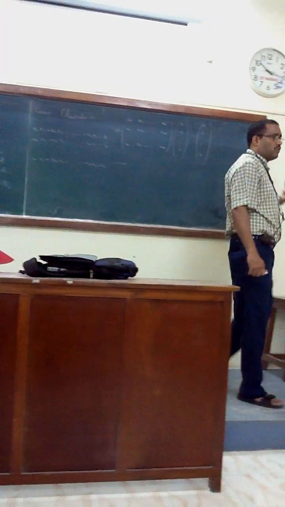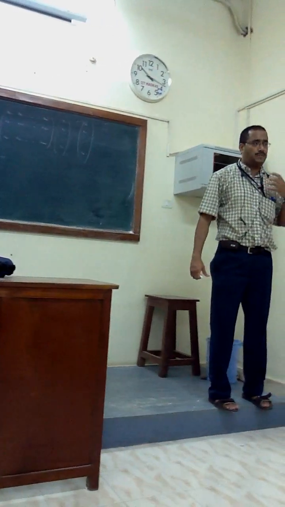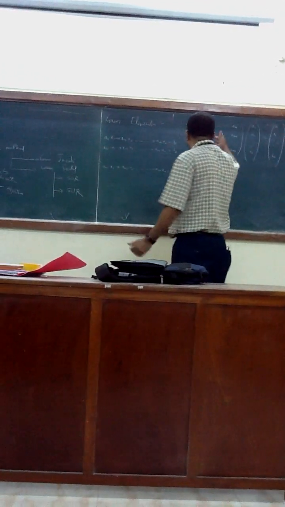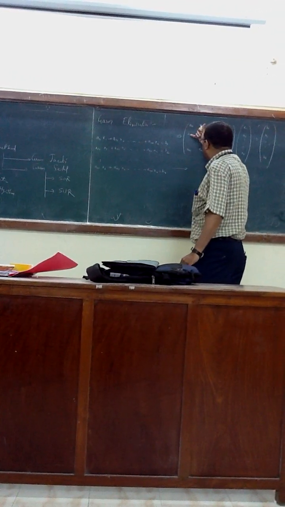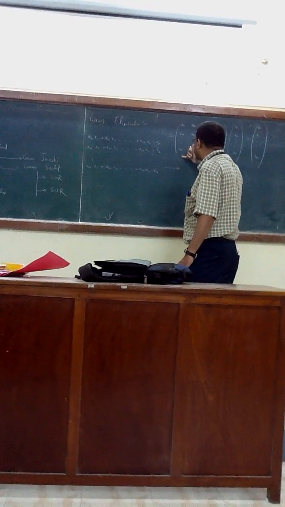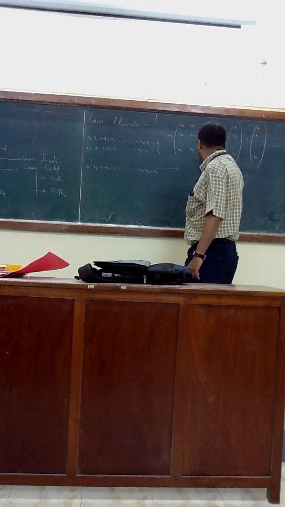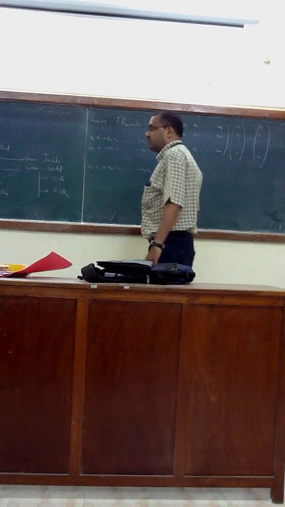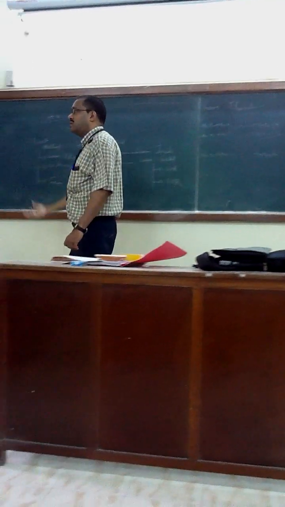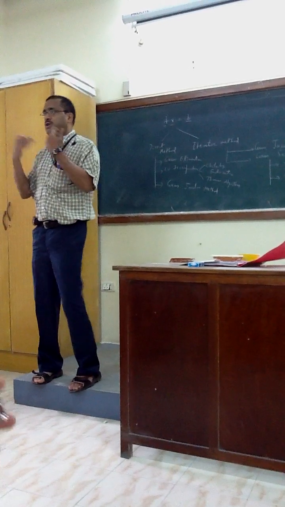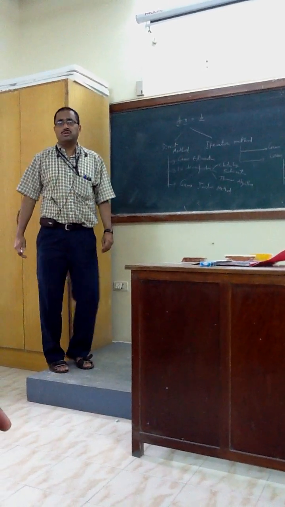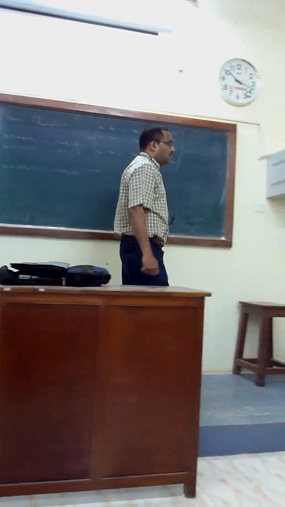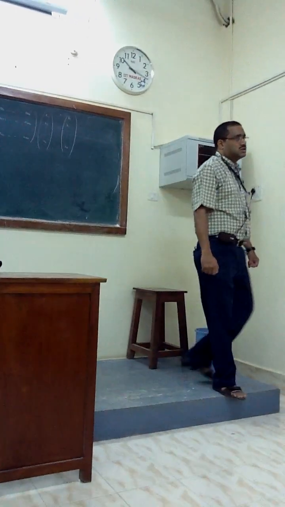And the A matrix will be converted to a U matrix, the upper triangular matrix. That means for making an upper triangular matrix, these entries have to be 0, and finally the diagonal must be non-zero. So including the diagonal term, above the diagonal everything is non-zero, and below the diagonal everything is 0.